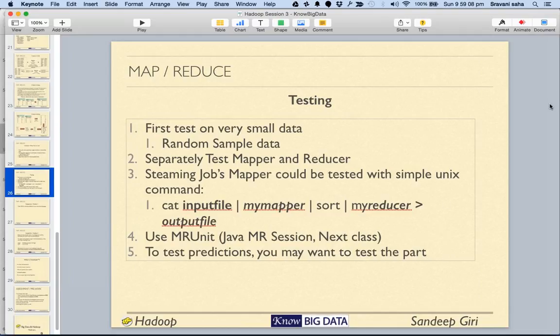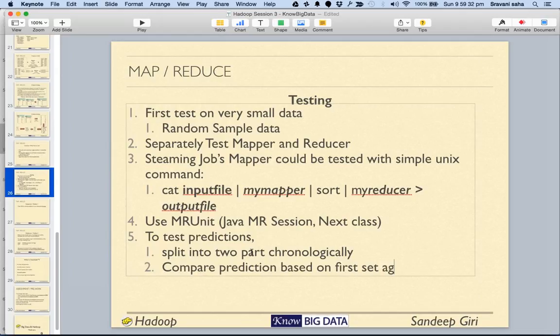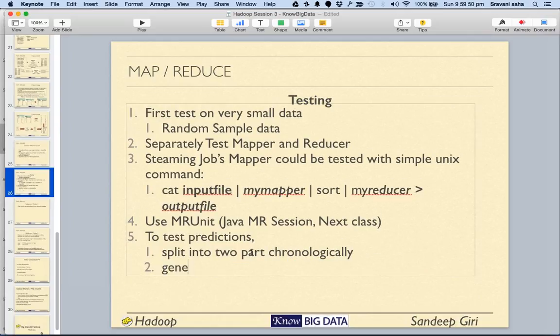You split the data into two parts, chronologically.